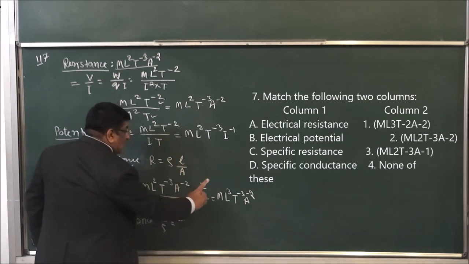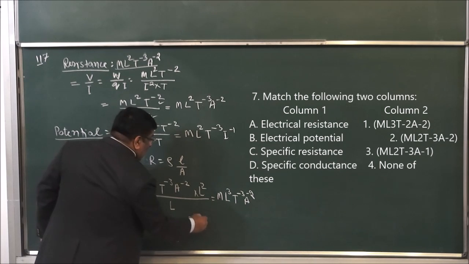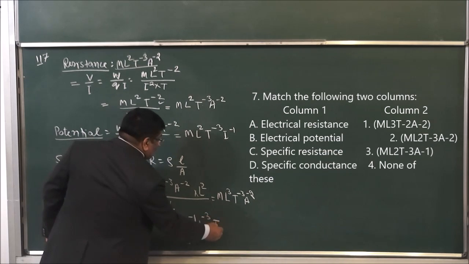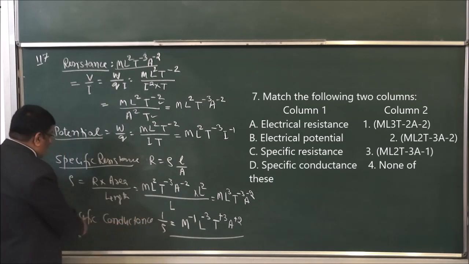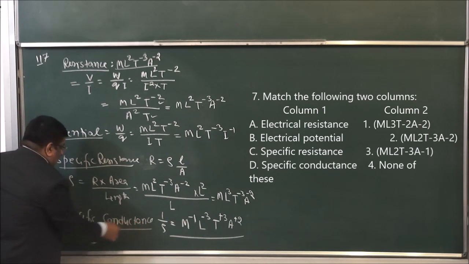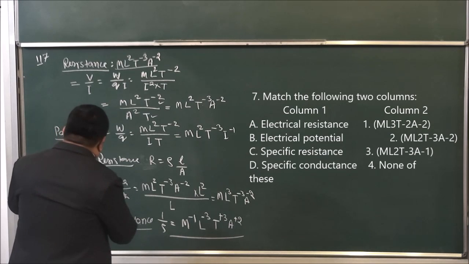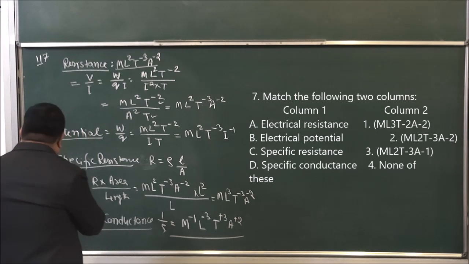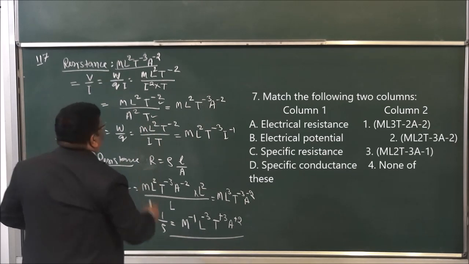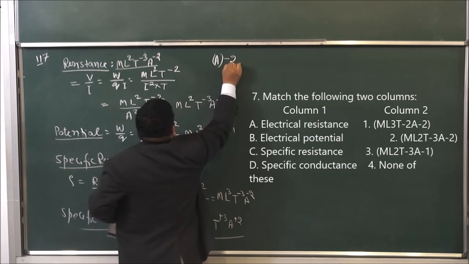If this is inverse of this, then this will be M^-1 L^-3 T^3 and A^2. These are the dimensions of specific conductance, and now we have to match it, and you see here how we can match it. Okay, so A matches with 2.